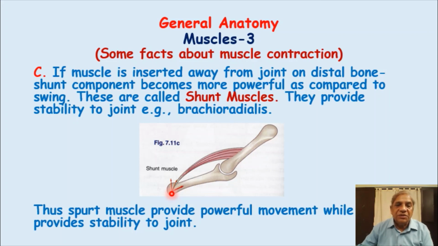Throughout its course, this muscle is parallel to this bone. Say for now the bone is the ulna, but you imagine that it is the radius, the lateral bone in the forearm. Because of its parallel running, when it contracts, it will pull the distal end of the radius towards the elbow joint, and thus it provides strong stability to the joint.